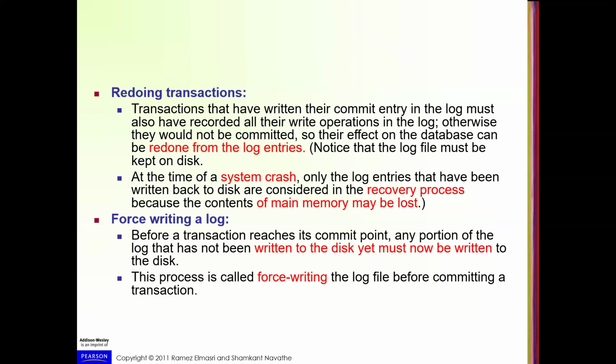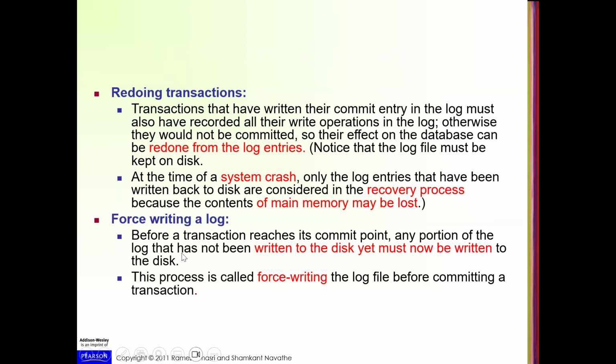So you redo the first and the second one. At the time of system crash, only the log entries that have been written back to the disk are considered for the recovery process. So if the system crashes, only those transactions whose entries are available in the log are redone, because the contents of the main memory have already been lost.